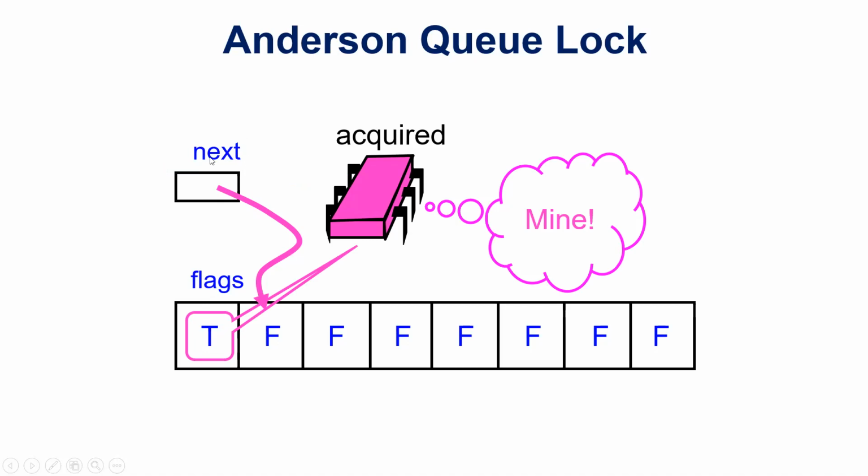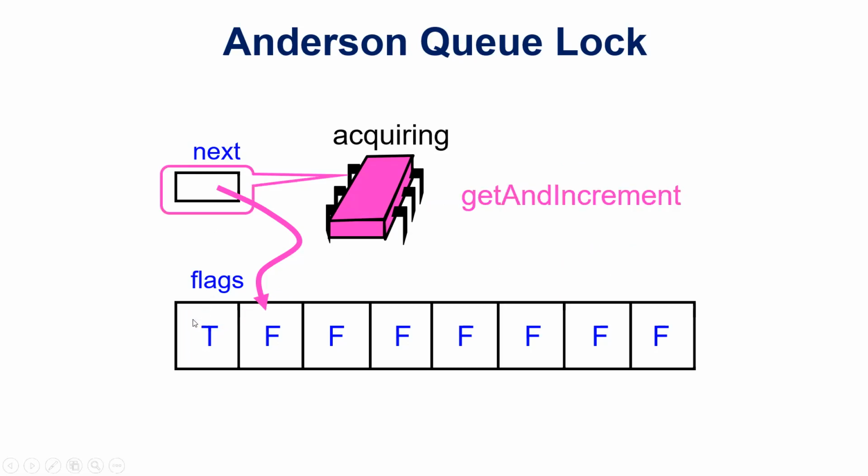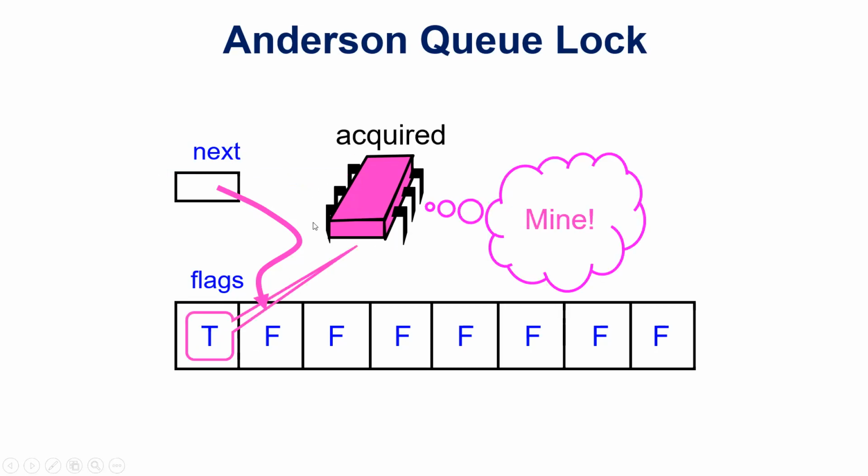It will use the get and increment function, which gets the previous value, and after that increments the pointer to the next position. Initially next is pointing to the 0th field. Now it is incremented to the first field, right? So now this particular thread has acquired the lock.